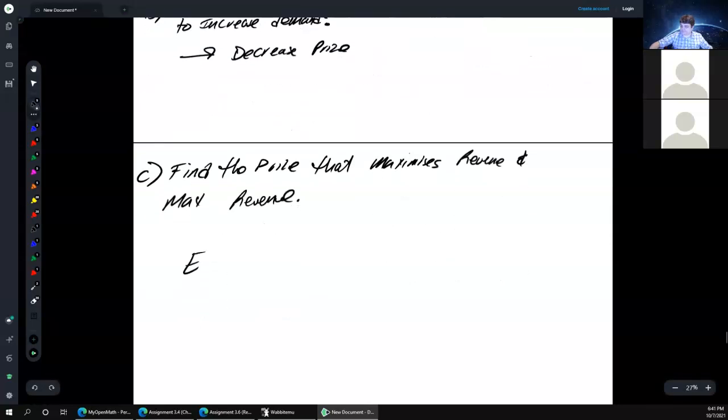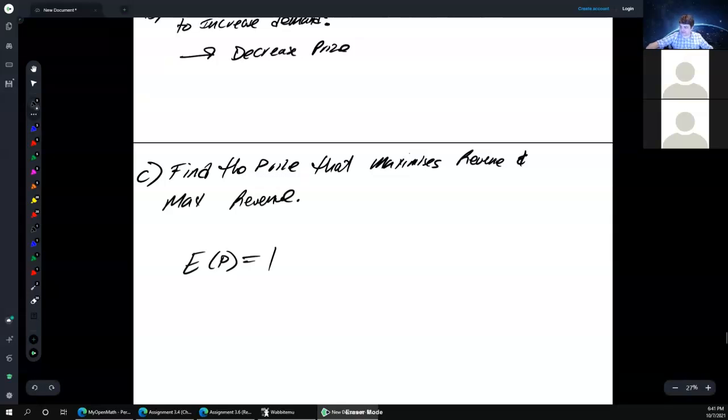Okay, so the max revenue happens at unit demand. So we're going to set our elasticity function equal to 1. And that's going to give me the price. And then we'll talk after that how to get demand.